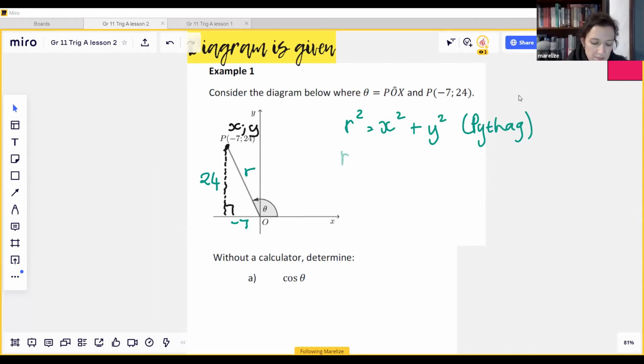I'm going to substitute in the values that I've got. This is -7. Remember, we're on the Cartesian plane, so we retain the signs of the x's and the y's. R is always positive. That was all in Tuesday's lesson. And that is 24 squared.